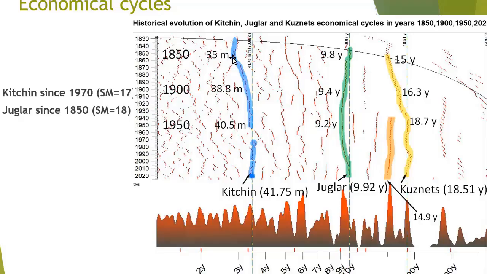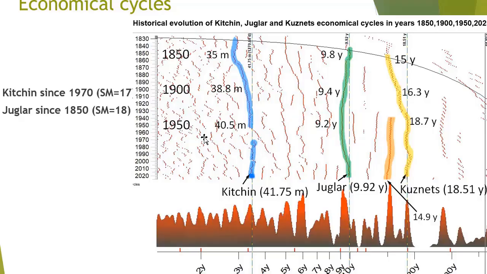You see in the 1830s it was a 35-month cycle, but since 1970, you see it's vertical. The period of the cycle practically did not change. So it means that since 1970, this cycle makes 17 periods.